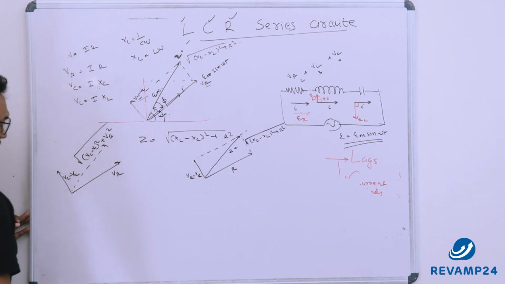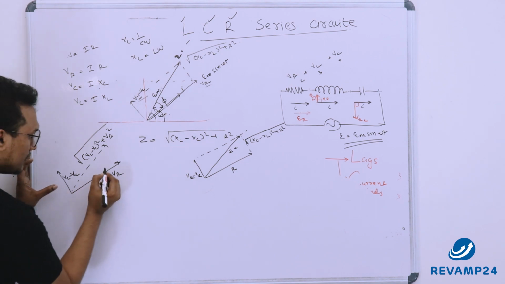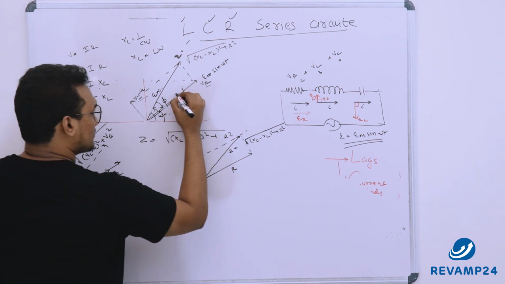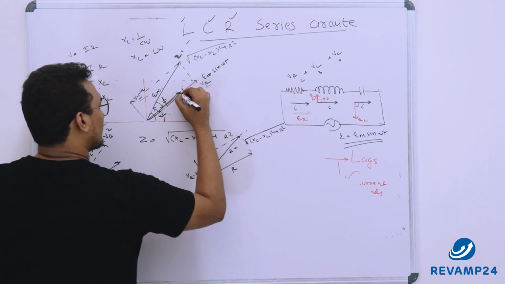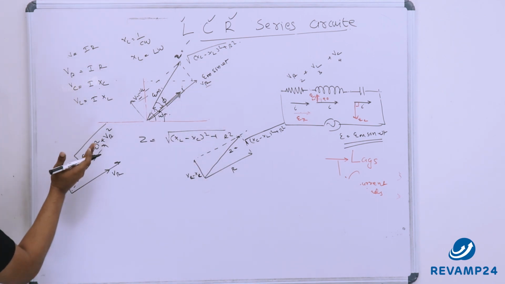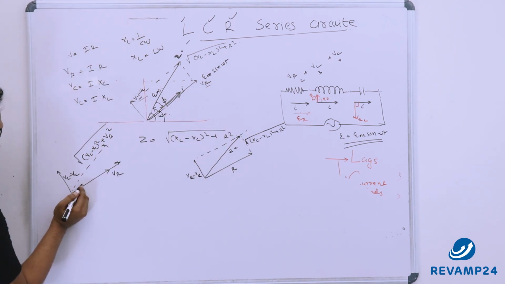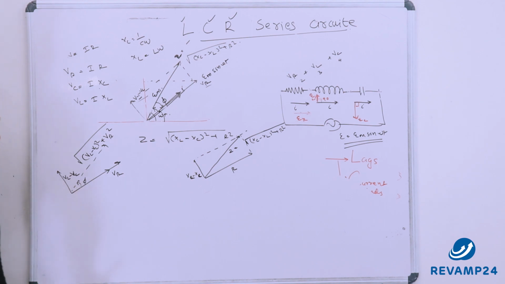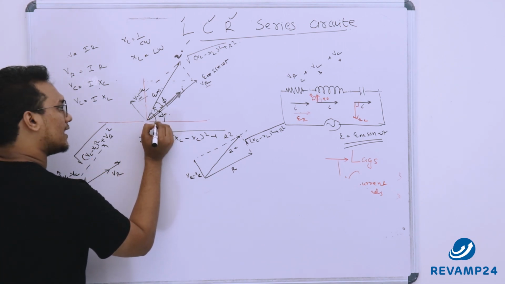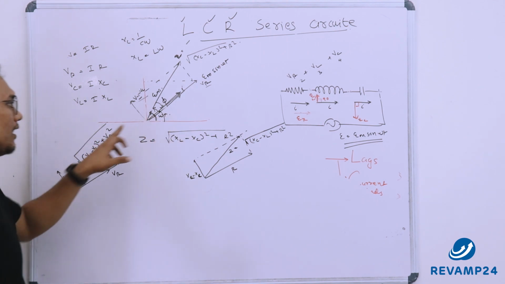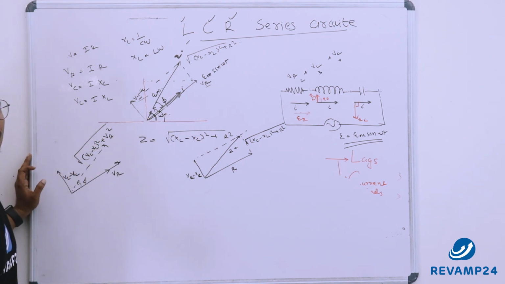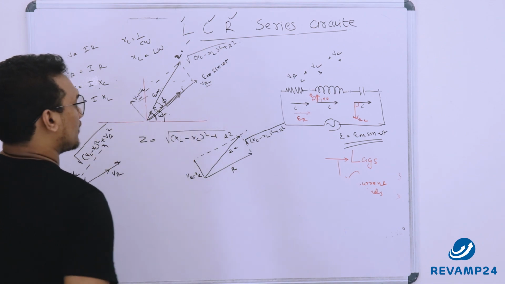And I already got the value of current, that is in this direction along VR itself. Now see, the net potential is making an angle of phi, it's not 90, it's less than 90, so the angle is phi with respect to VR. So always we will take omega t as the angle that potential makes with our x-axis.